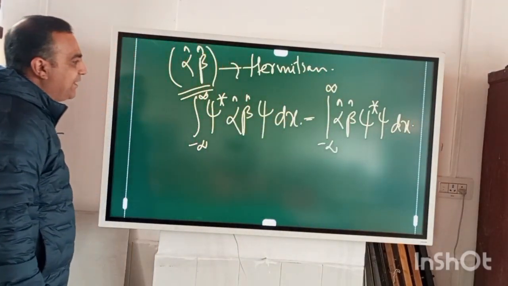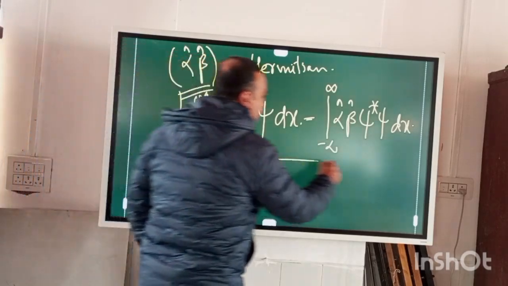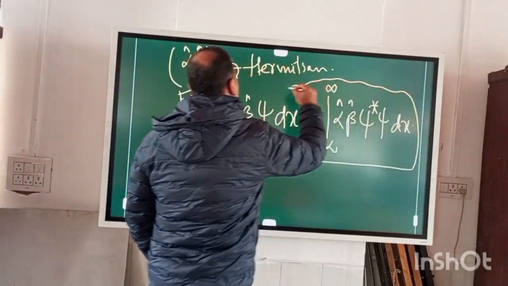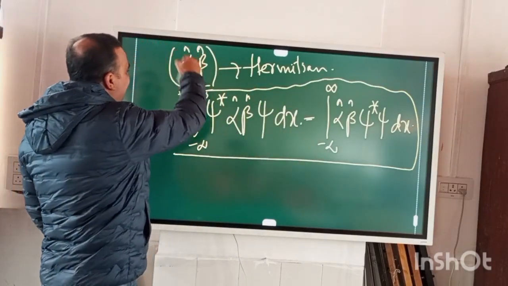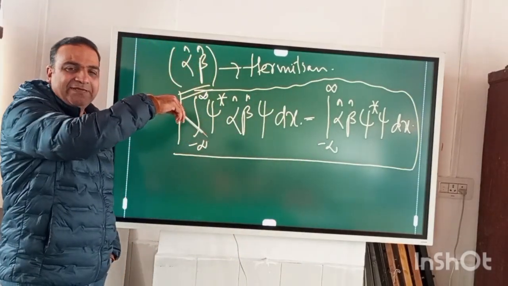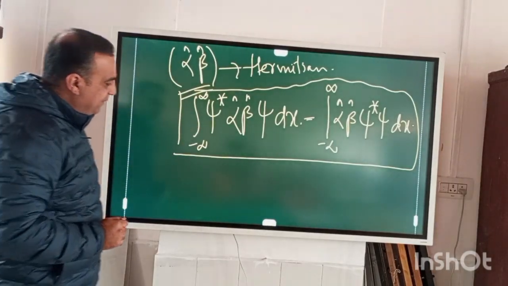All right. If I can prove that this equation is true, then I can say that the product of alpha cap and beta cap is also Hermitian. So that's our target.